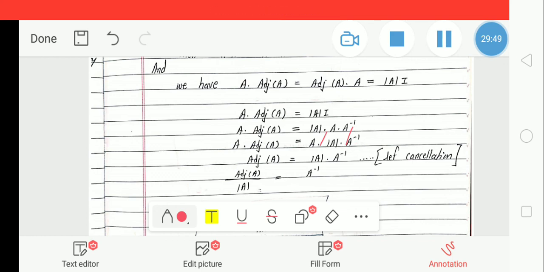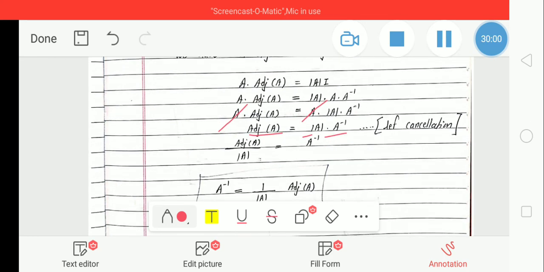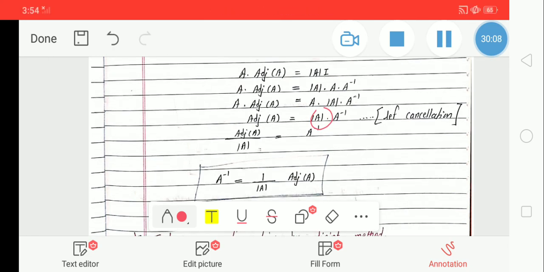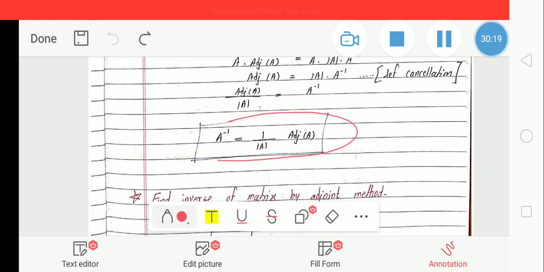Now by the left cancellation law, the left A and left A are cancelled. So adjoint of A is equal to mod of A times A inverse. Then mod of A, which is multiplied by A inverse, goes to the other side, so it is divided: adjoint of A divided by mod of A is equal to A inverse. So this is the formula to find A inverse: A inverse is equal to 1 upon mod of A multiplied by adjoint of A.